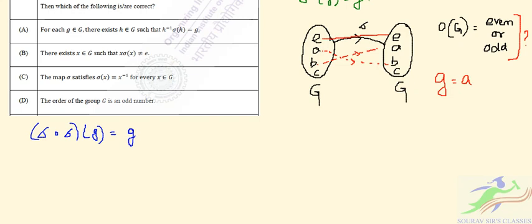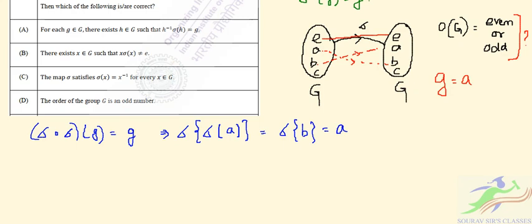So sigma of sigma of A will be sigma of B, which is A.